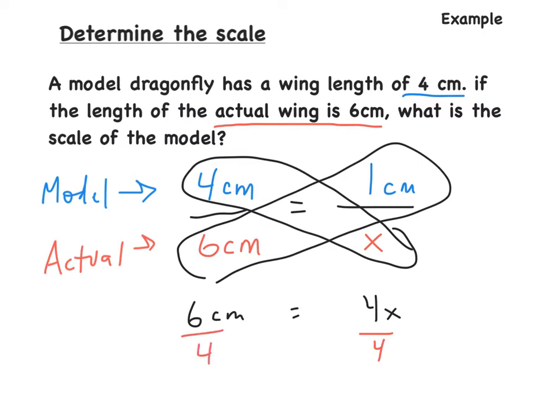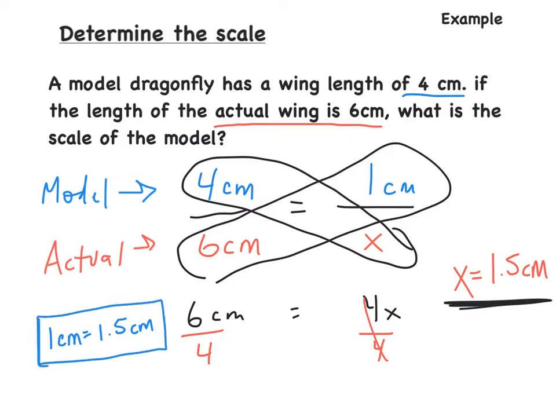So divide by 4, those cross out, and x is equal to 1.5 centimeters, or 1 1/2 centimeters. So this is our final answer. Our scale of the model is 1 centimeter is equal to 1 1/2 centimeters.